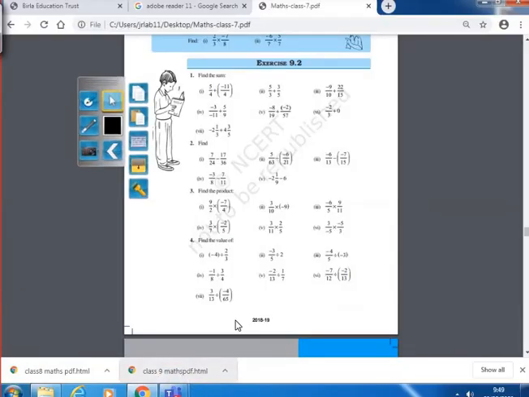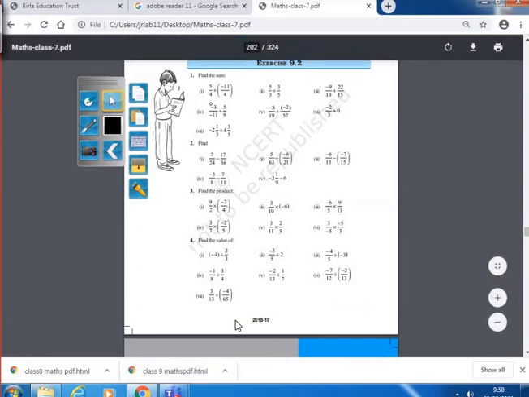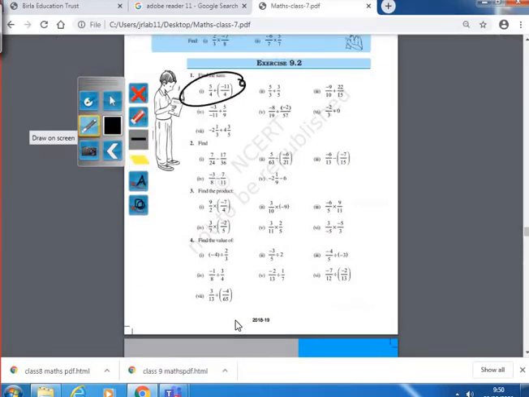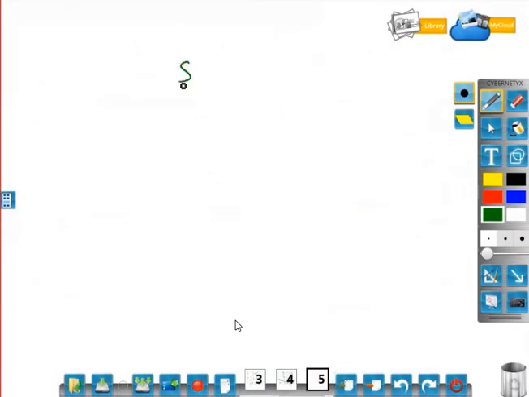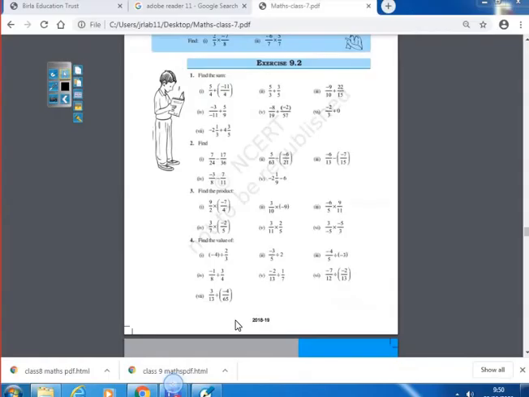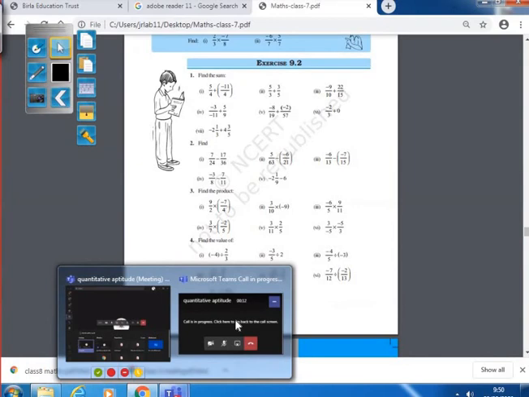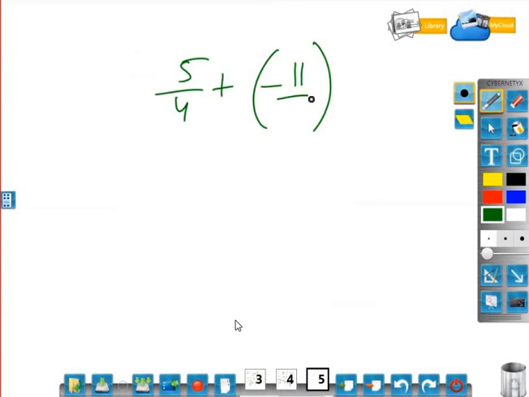So in this way we find the sum of the fractions. I can show you some. Here you can see on the screen, this is exercise 9.2. Here we can talk about this number, 5 by 4 plus, in a bracket, minus 11 by 4.